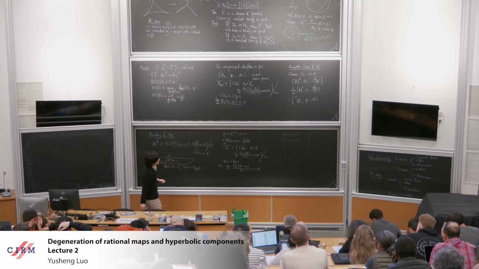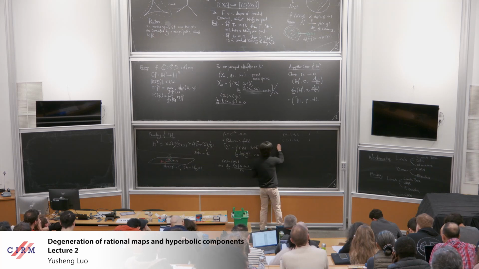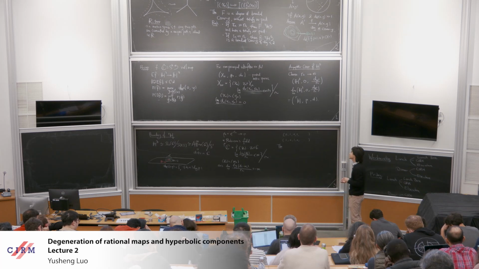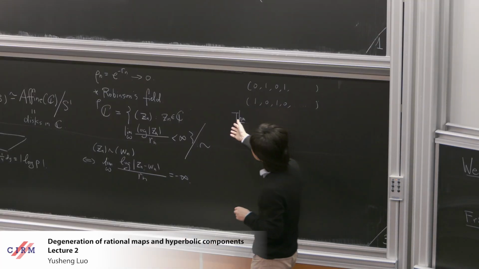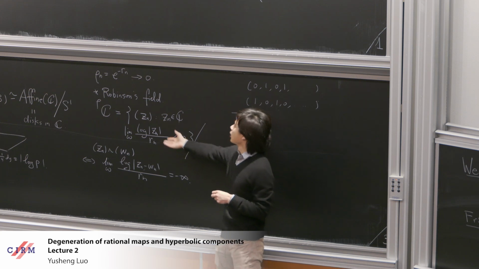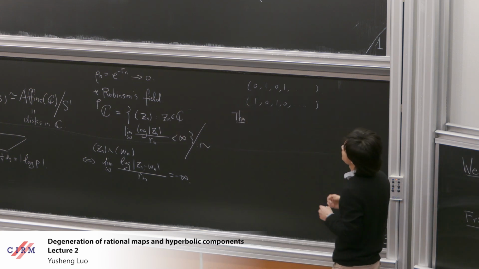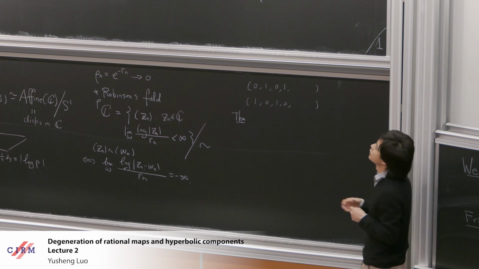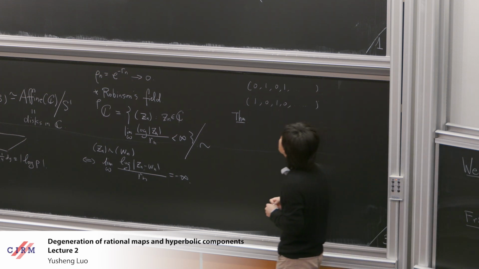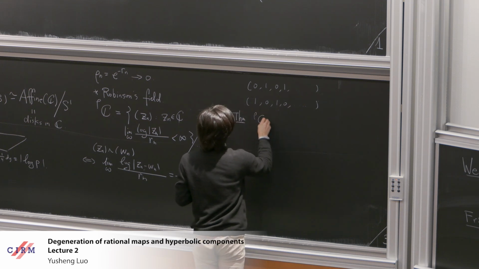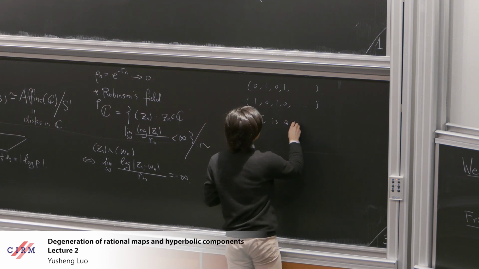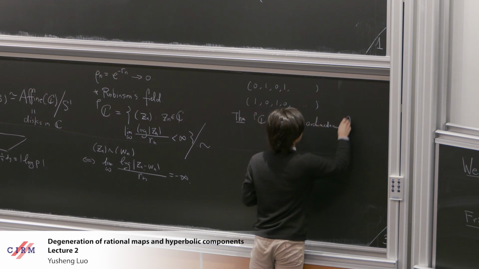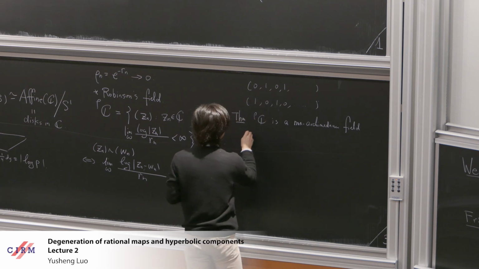But not only is it a field, it is also a non-Archimedean field. This was a theorem proved in the 1960s by Robinson, who studied exactly this kind of field. With a small modification, he studied only the real setting, but the same definition and the same proof go through in the complex setting as well. So this rho C is a non-Archimedean field. And it's complete.